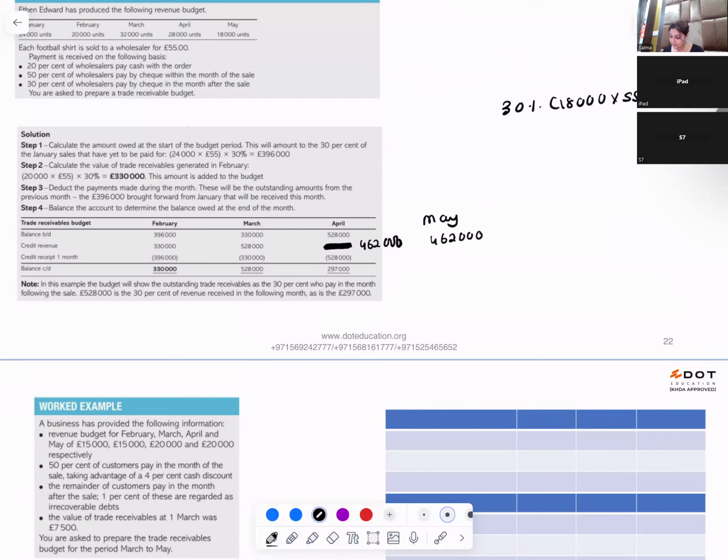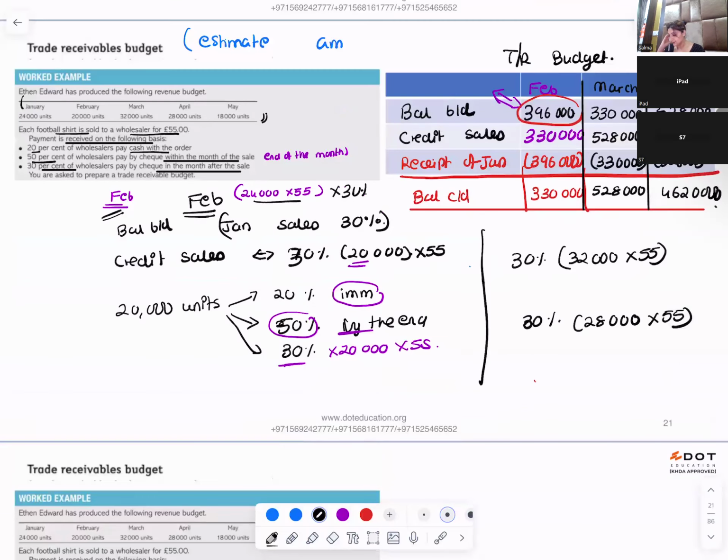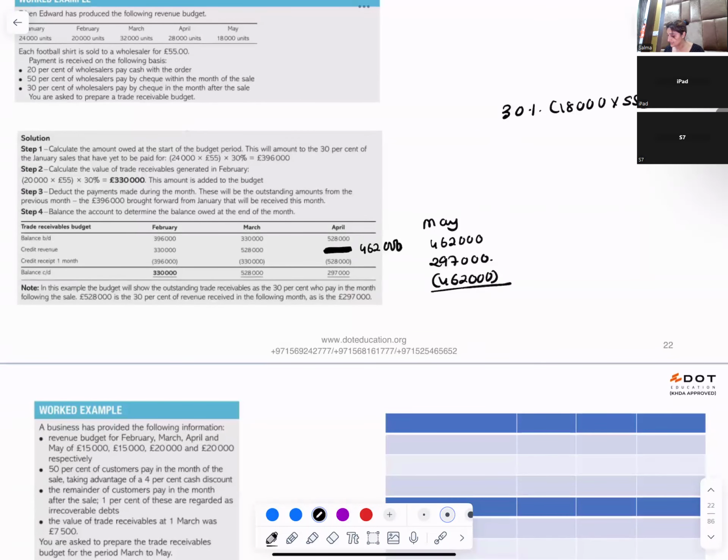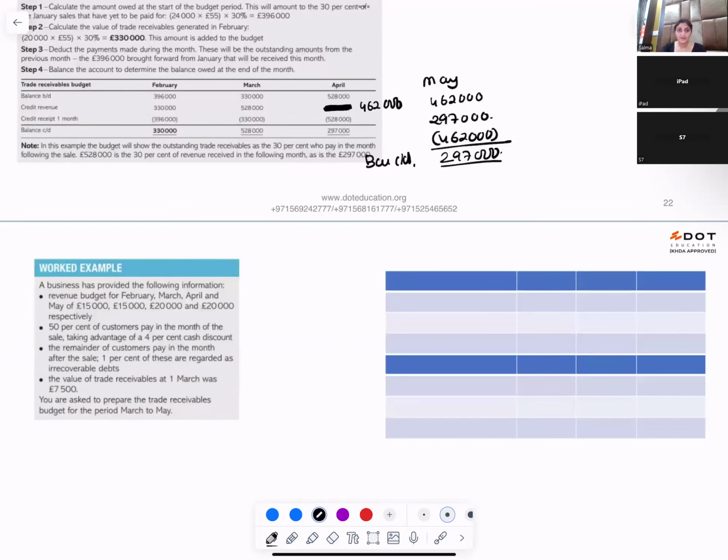The 297 comes for this May. And then your closing balance carried down will be 462 only. The receipt of January, then balance carried down will be 297,000. So this is what we did.